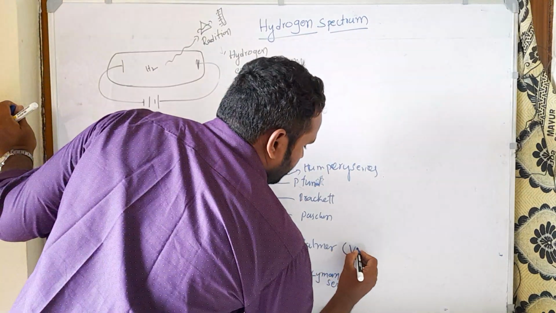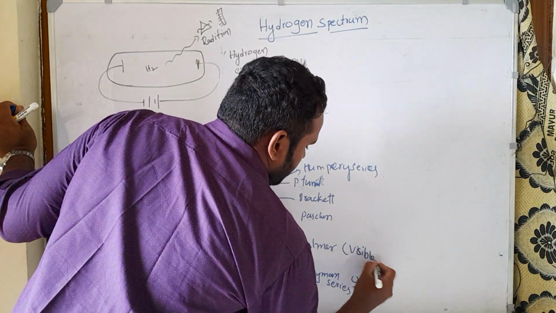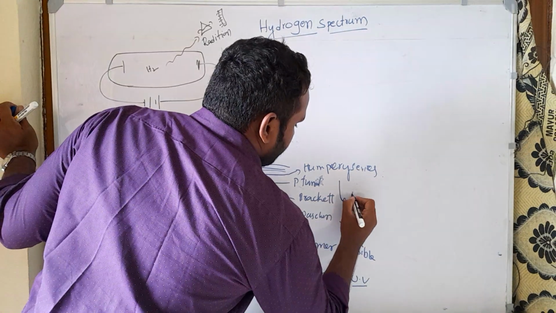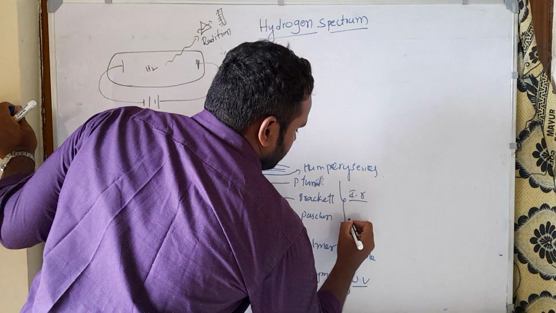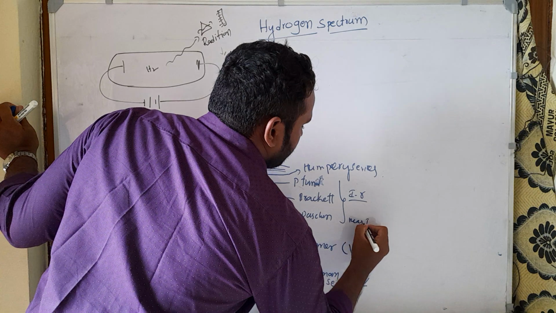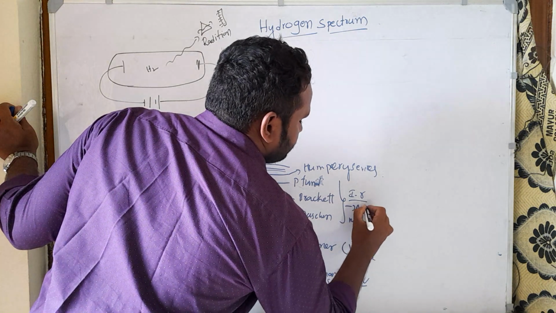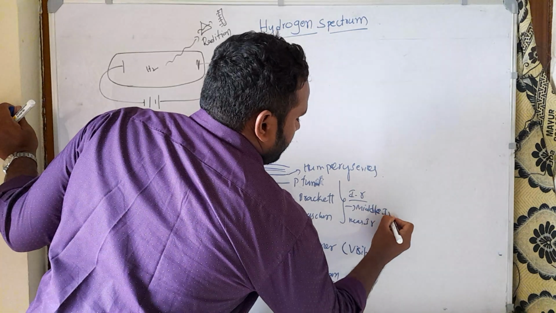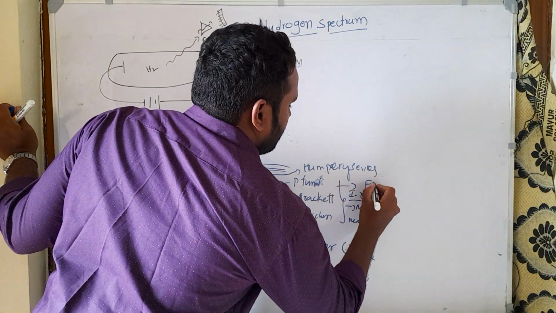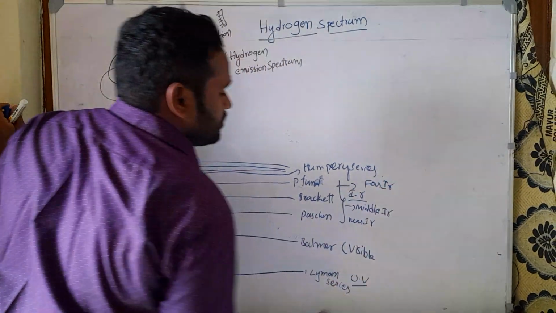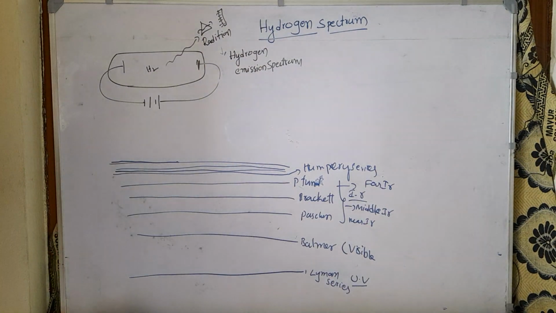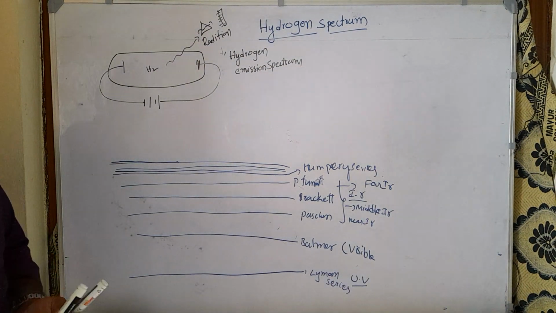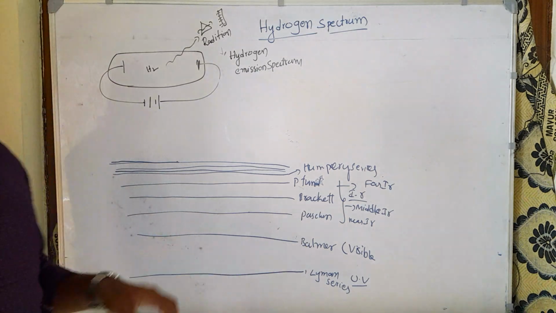The Balmer series is in the visible range, and the next ones are IR: near IR, middle IR, and far IR. So among all these series, we can see only the Balmer series with our naked eye.